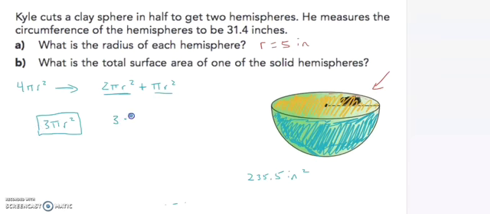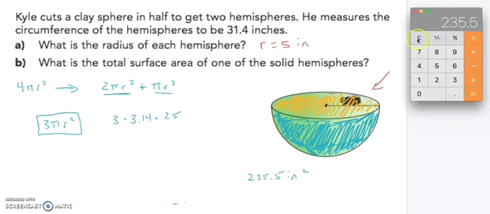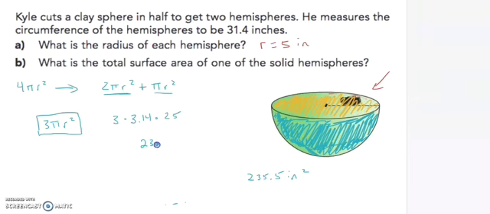So 3 times 3.14 times the radius squared, which is 25. So let's do it. 3 times 3.14 times 25 is going to be equal to 235.5. So 235.5.